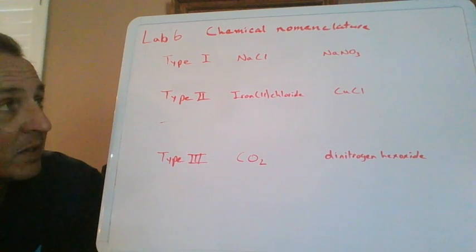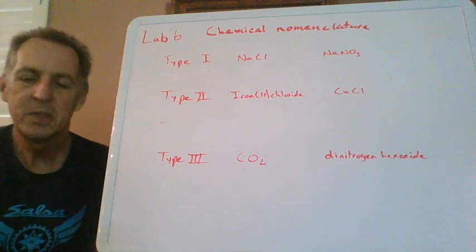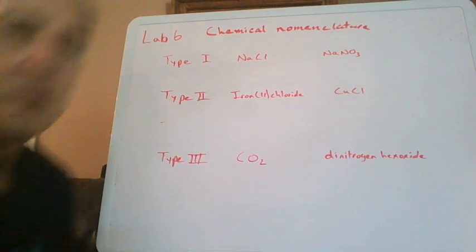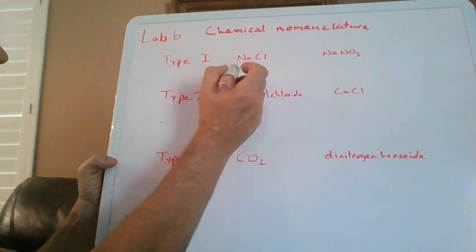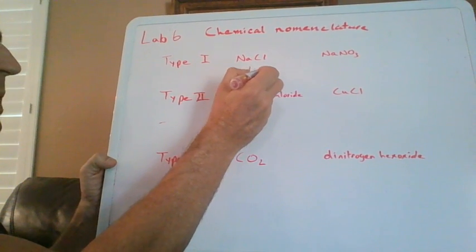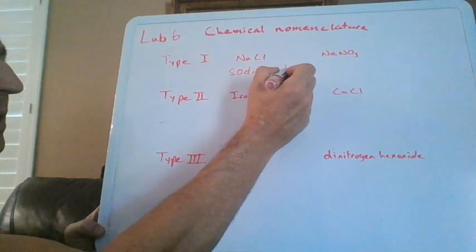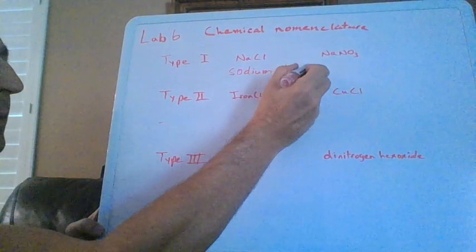If we have sodium chloride, sodium is in group 1, so it's a metal that always forms a +1 charge. So it's a type 1 compound. What we do is the metal keeps its name, and it's named first, so this would become sodium. And then the nonmetal chlorine changes the ending of its name to -ide, so it would become sodium chloride.